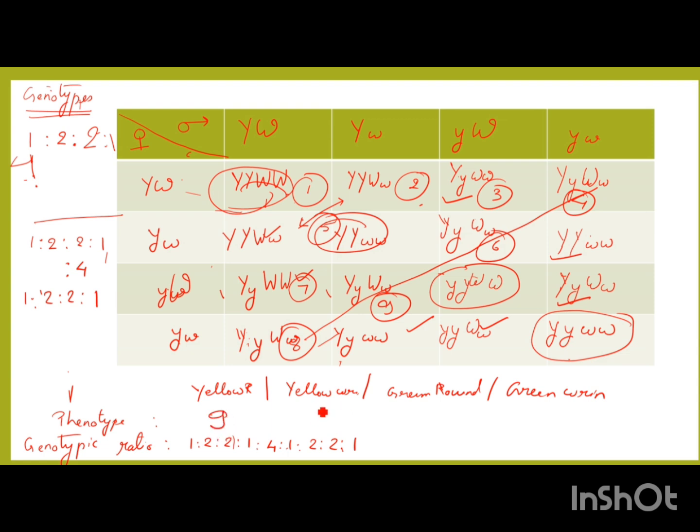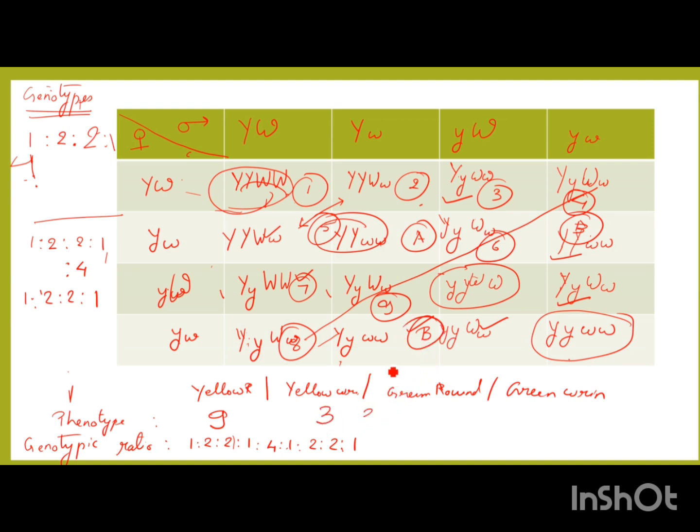Yellow with wrinkle will be capital W with small w, capital Y with small y. Now capital Y with small y, it comes here 1, 2 and 3. So it is coming as 3.